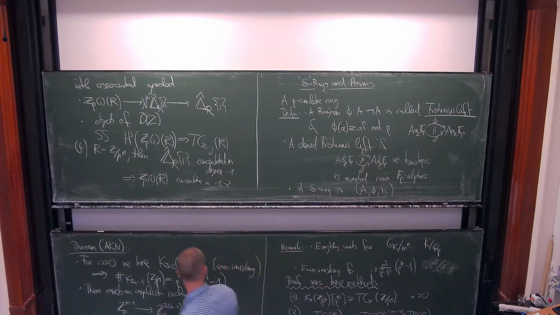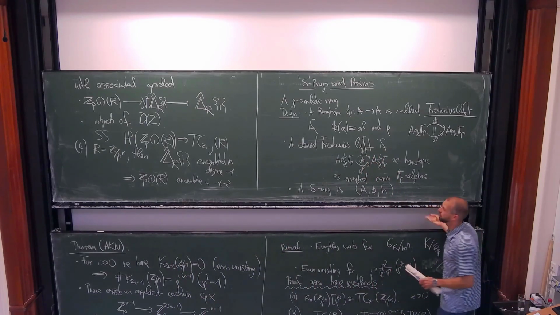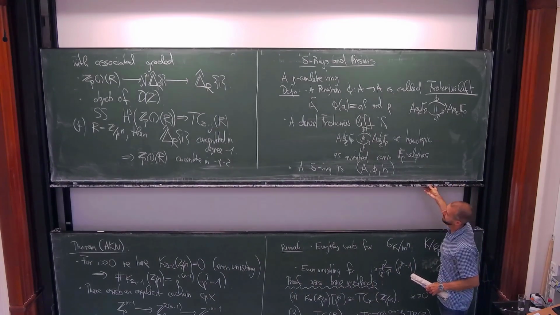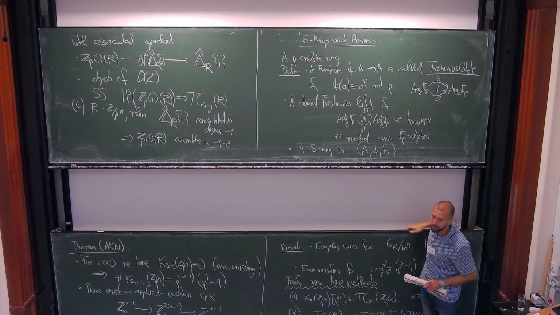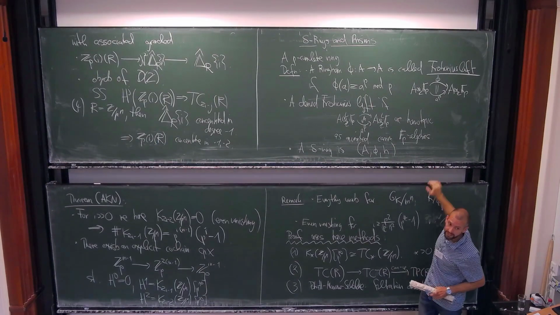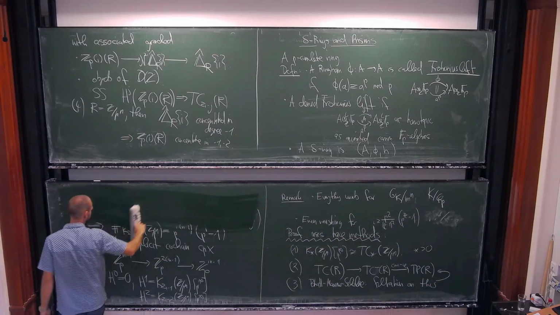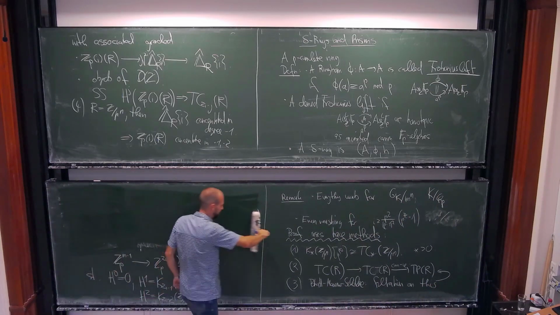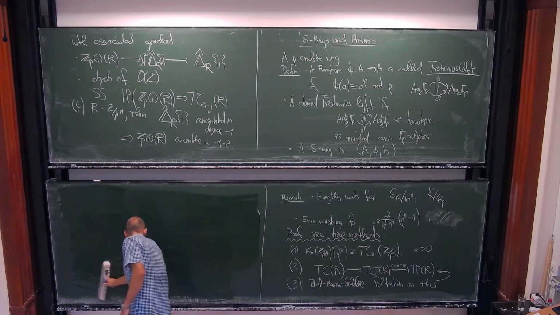But for us this is not going to be super relevant, because if A is p-torsion free, then the derived tensor product is just the same as the underived tensor product, and in that case the notions agree. All the examples we really care about will be p-torsion free, so there's no difference.